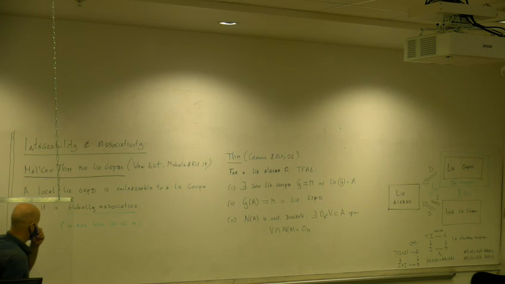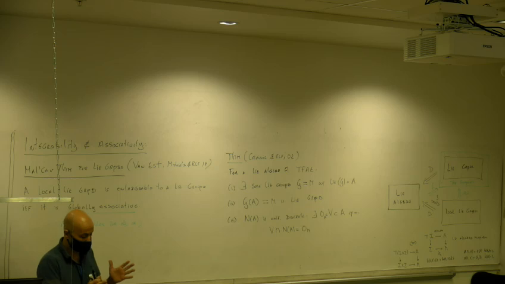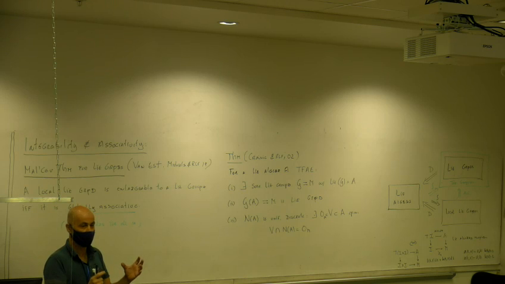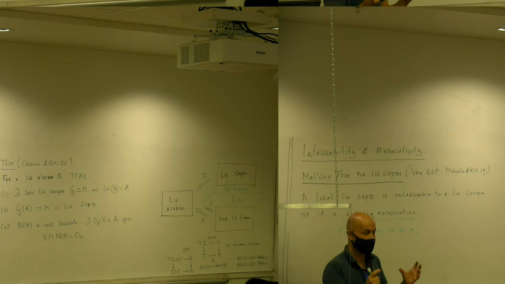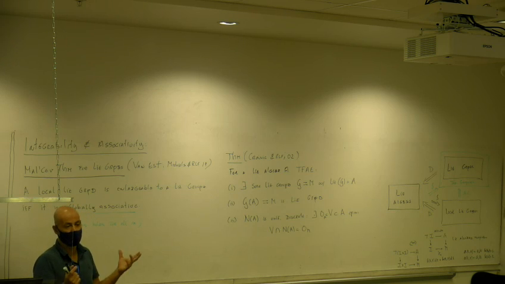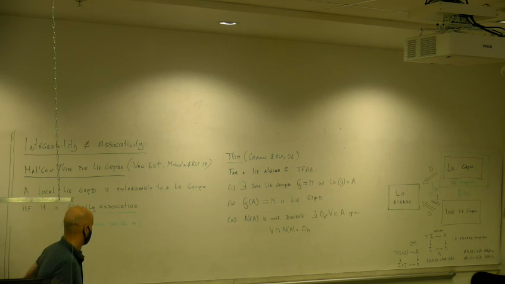Now, something that I could have also mentioned before is that if you start with a local Lie groupoid, we only assume 3 associativity, it's possible to make it smaller, to restrict this local Lie groupoid, to make it n associative for any n that you wish. But in general, it's not possible to make it associative for every n. Okay? And this business about restricting is kind of important because you only want to work with local Lie groupoids as germs, not as honest objects. Anyway.